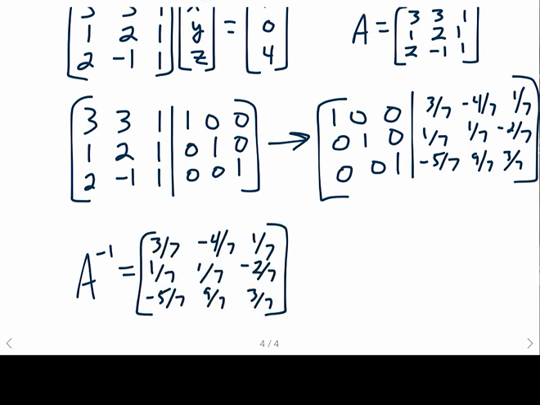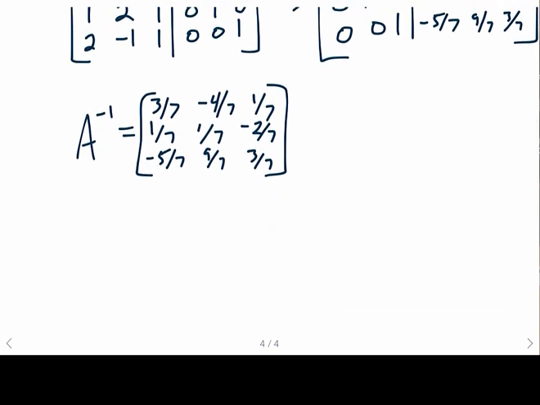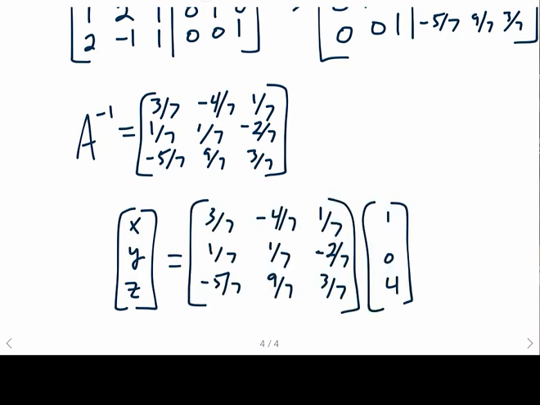Since our original matrix equation is of the form AX equals B, I want to multiply both sides by A inverse on the left. Since A inverse times A gives the identity matrix, I'm after the equation X equals A inverse times B. X is the column matrix (x, y, z), A inverse is this matrix with all these fractions, and B is (1, 0, 4).